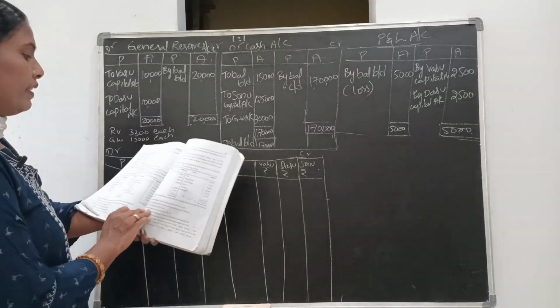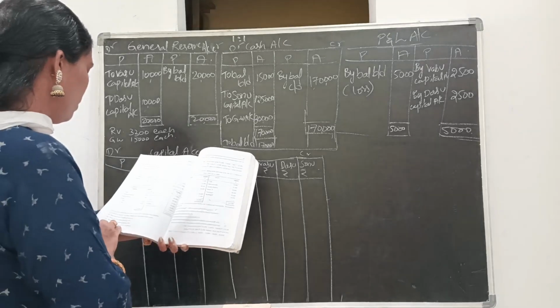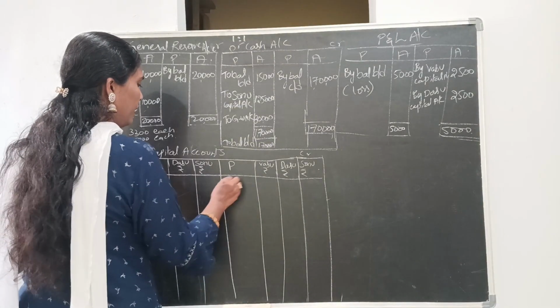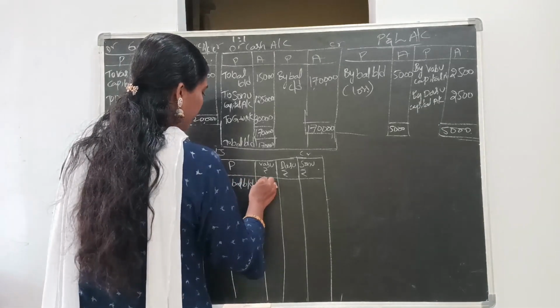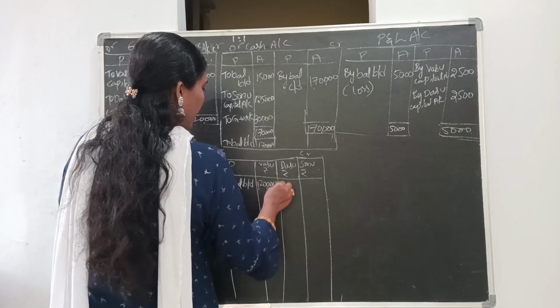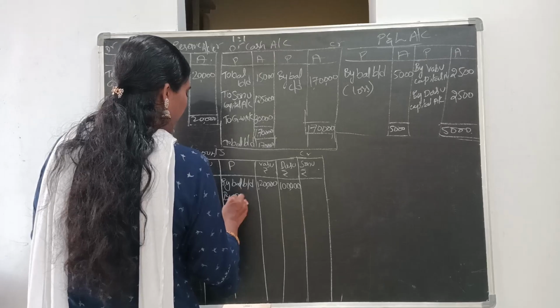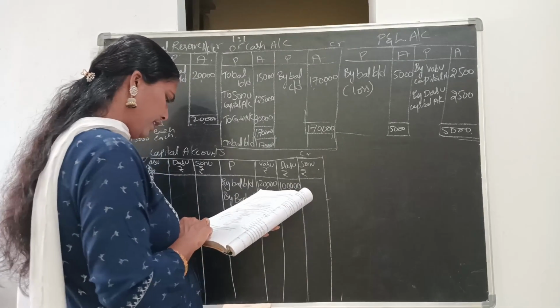So now we'll write the capitals of old partners first. So Vasu and Dasu 1,20,000 and 1 lakh respectively. So write by balance brought down 1,20,000 and 1 lakh, by bank account. What is the capital of the new partner?